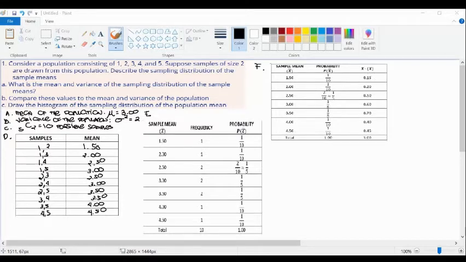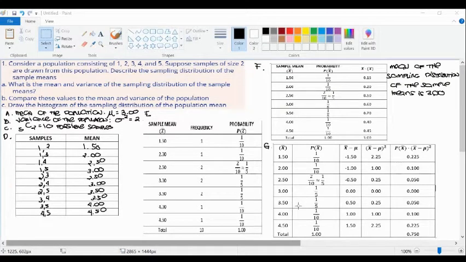So for the rest, you're going to multiply your sample mean to your probability distribution, and then after that, you're going to get the sum of this. Okay, so we can say that the mean of the sampling distribution of the sample mean is 3.